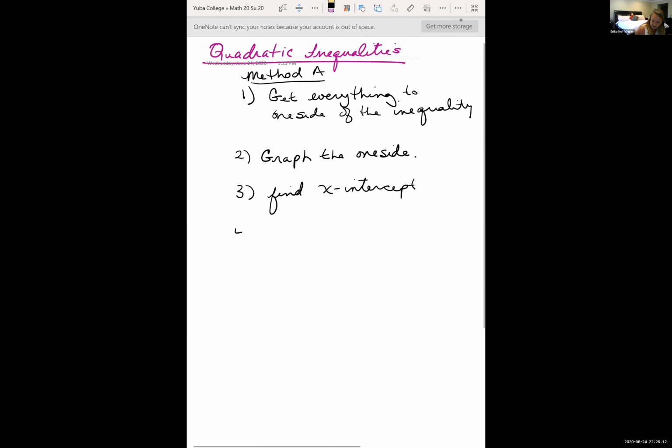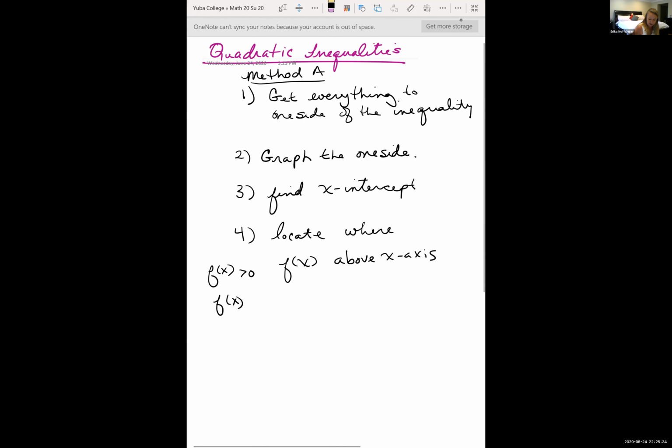And then you're going to locate where f of x is above the x-axis, if f of x was greater than 0 once you had moved everything to one side of the equation.